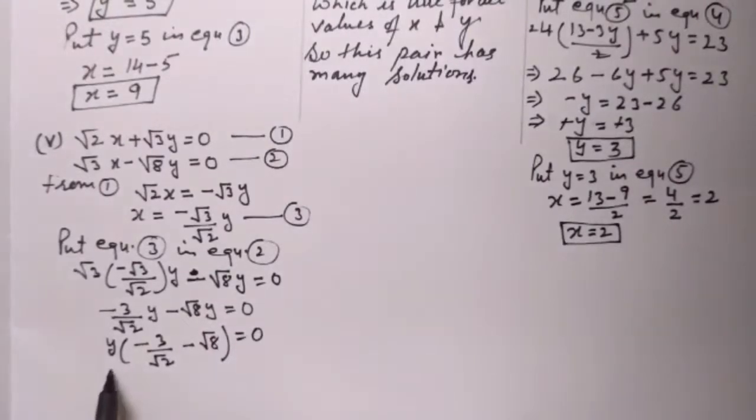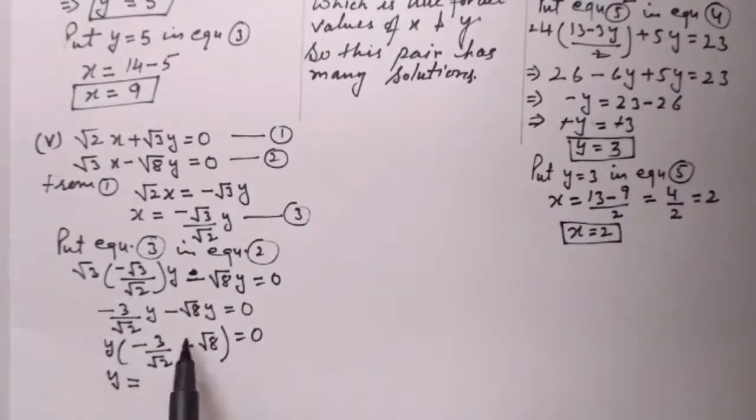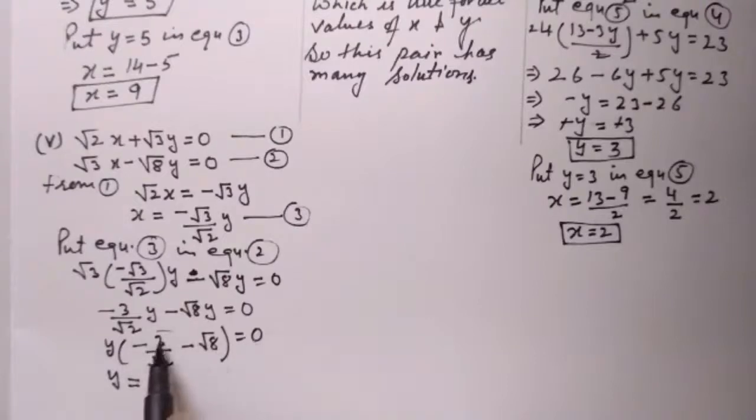So y will be equal to 0 divided by this whole factor, because it is multiplied here, so it goes to the denominator. 0 divided by something is 0. So 0 over minus 3 over root 2 minus root 8, that is 0. 0 divided by something is 0 only.